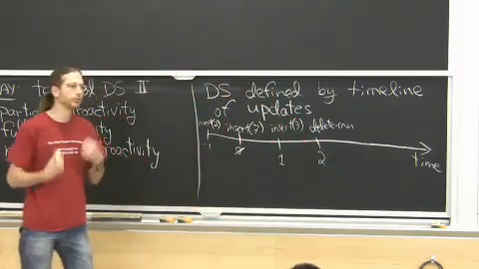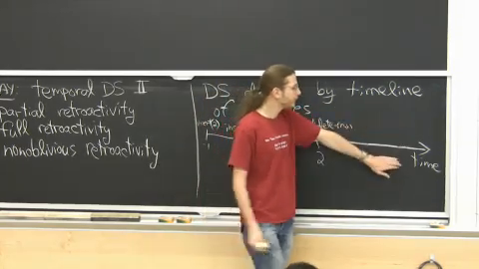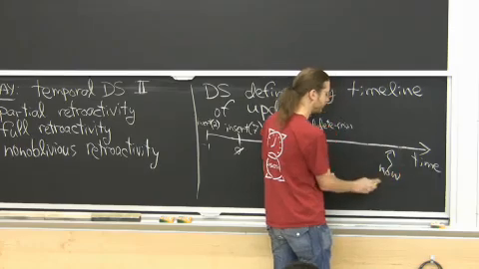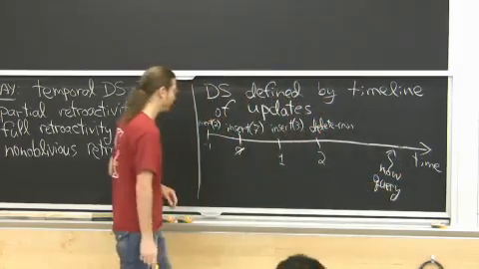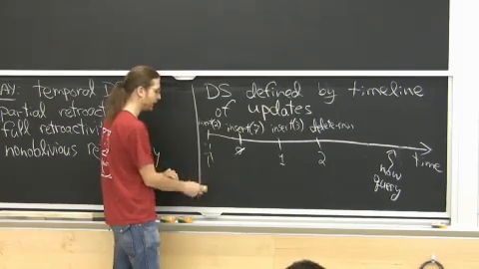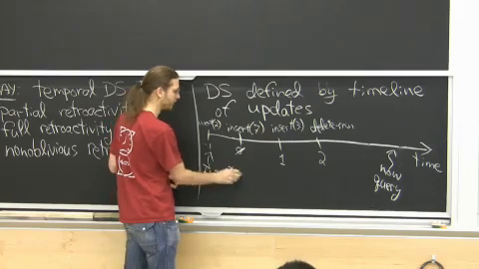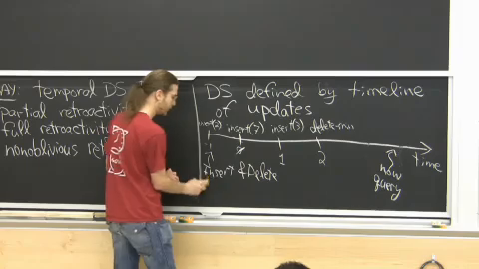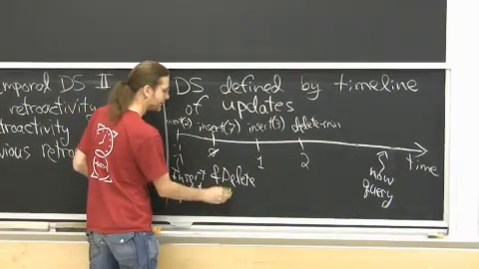I want to be able to do the regular queries. So let's say you can do queries at the present. So this is now. And you can do queries here. And I want to be able to add and remove update operations at any time.